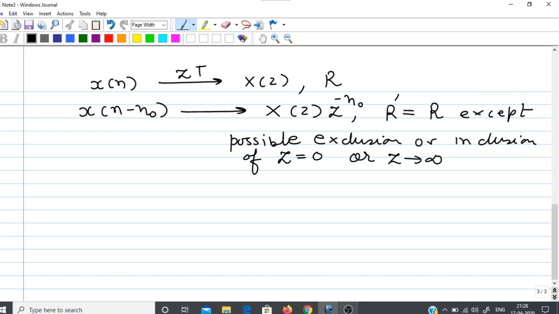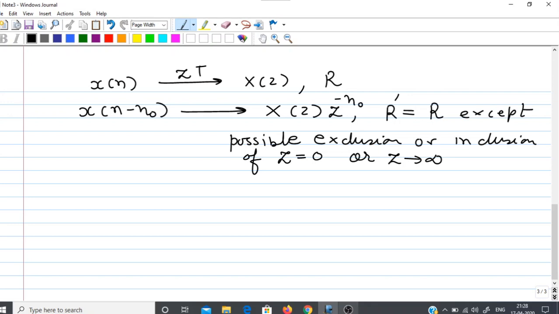It means when we shift the sequence, the expression of the Z transform will be multiplied by z to the power minus n naught. And what would be the effect on the ROC? The ROC will remain R. There may be a very small, minute change in the ROC. And what change is it? There could be exclusion or inclusion of either z equals 0 or z equals infinity. Why? We will see through examples.